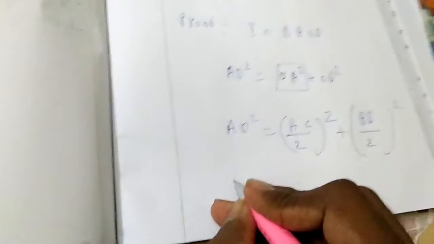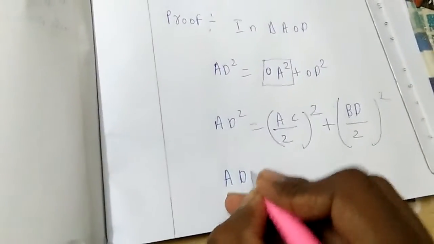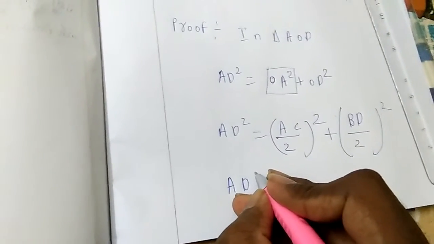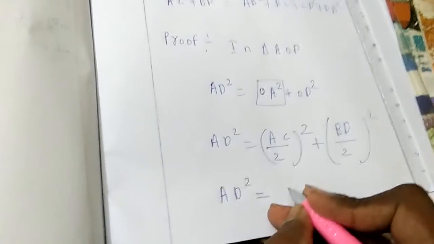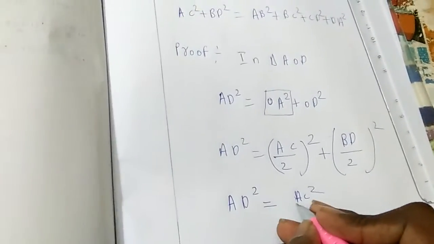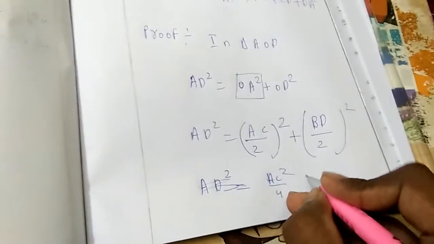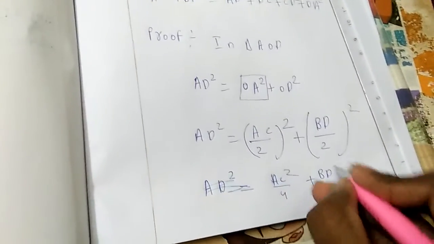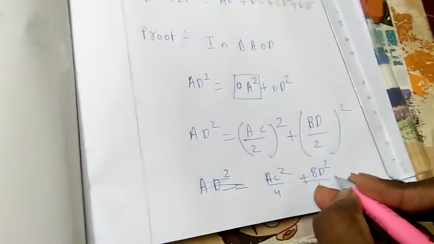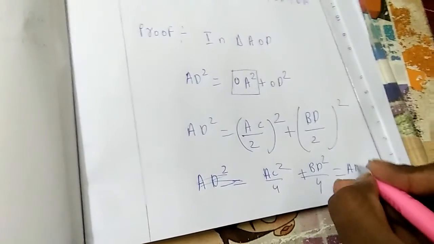So now AD square is equal to AC square plus BD square by 4.